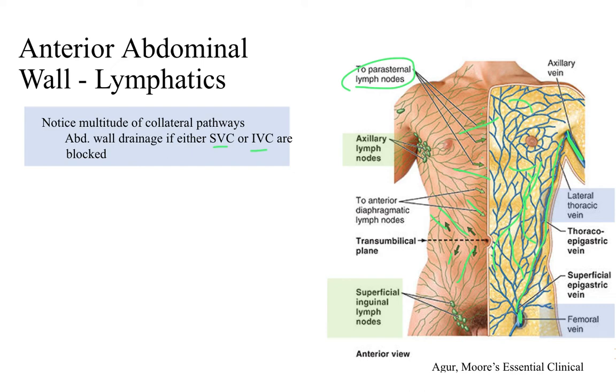There were these parasternal lymph nodes lining either side of the sternum. We also have our axillary lymph nodes, which are going to drain the excess fluid from the abdominal wall. Notice that they're coming here. And also superficial inguinal lymph nodes that will be draining fluid from the lower portion of the abdominal wall.